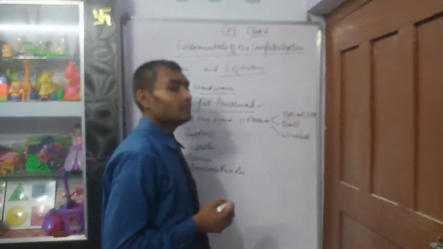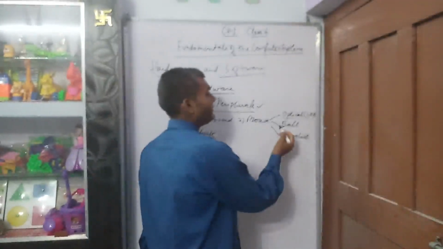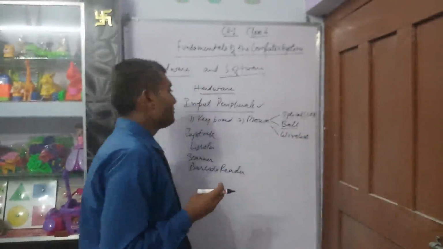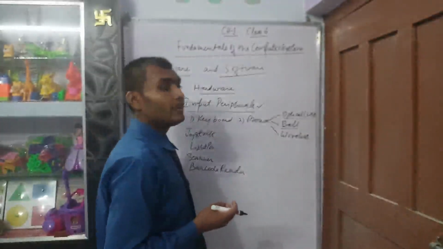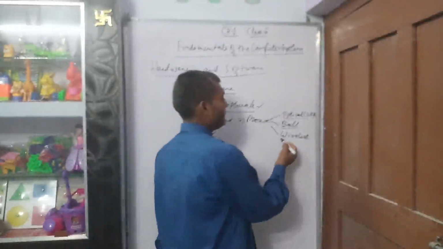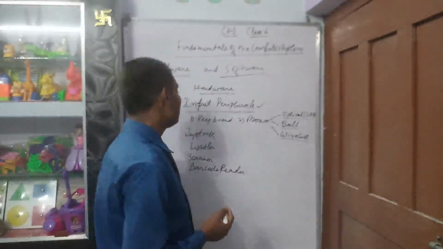In the ball mouse, there is a ball on the bottom of the mouse by which you can track the cursor. And the wireless mouse is cordless; there is no wire in this mouse.